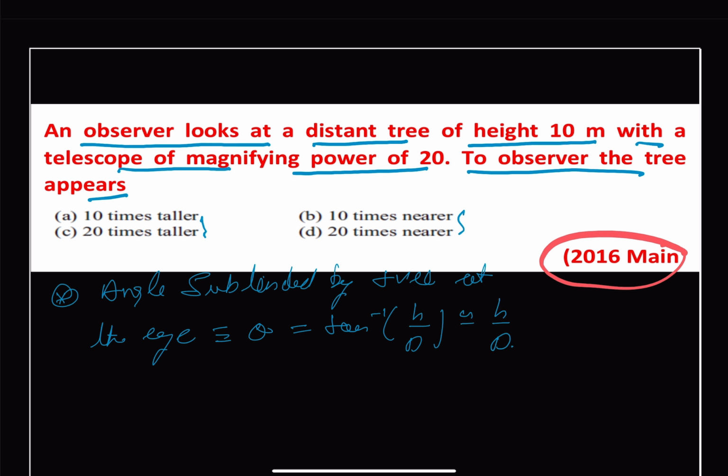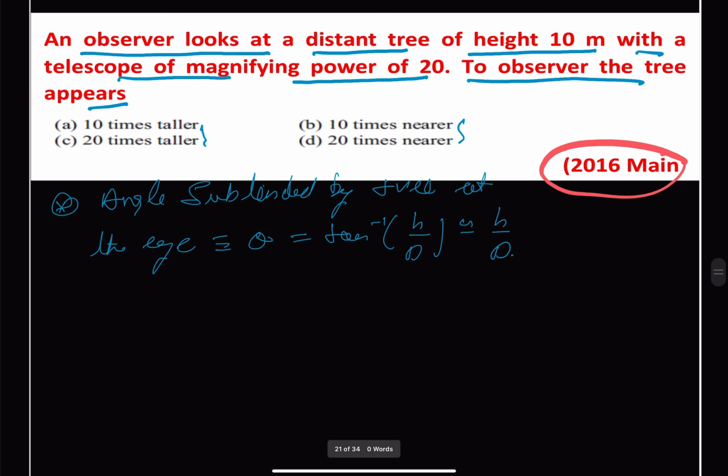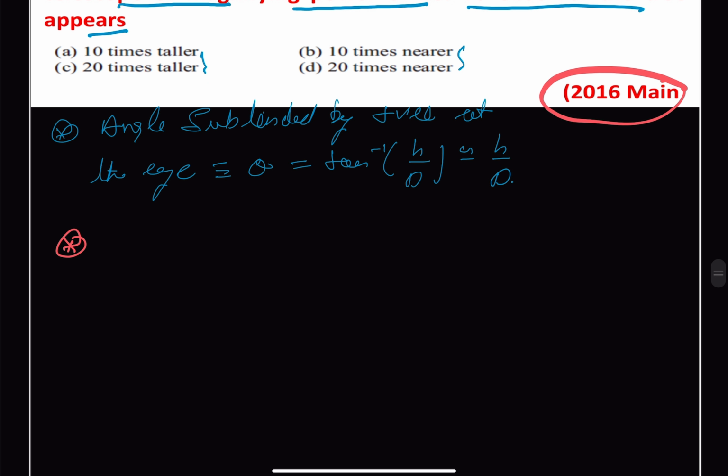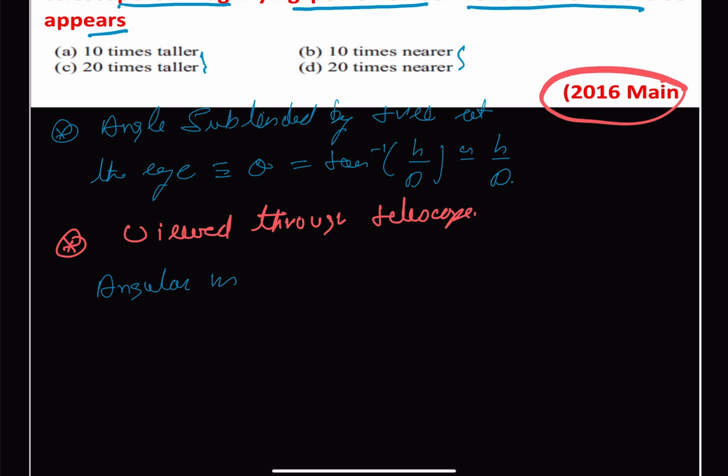Okay. And now if it is being viewed through the telescope, we can write the angular magnification, that is our m, will be equal to theta prime divided by theta.